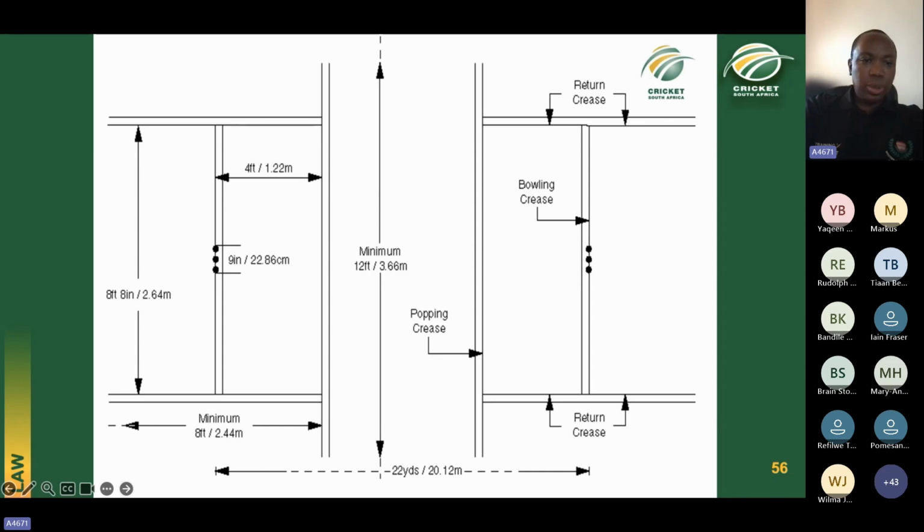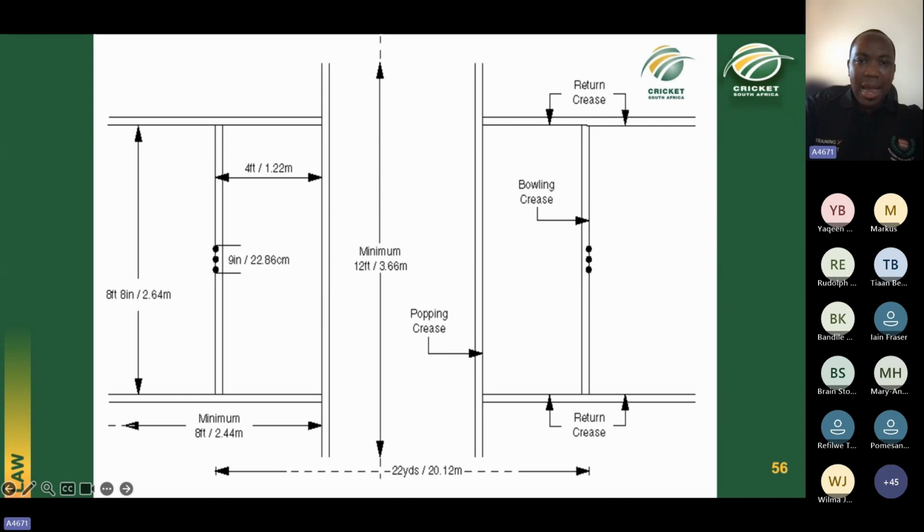It could go all the way to the boundary, but generally I don't see this line painted much more than the required minimum of 2.44 meters. And then a reminder of the length of the pitch from bowling crease to bowling crease, or from middle stump to middle stump, 20.12 meters or 22 yards.